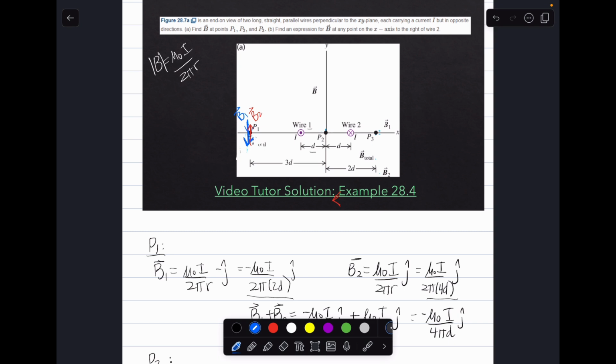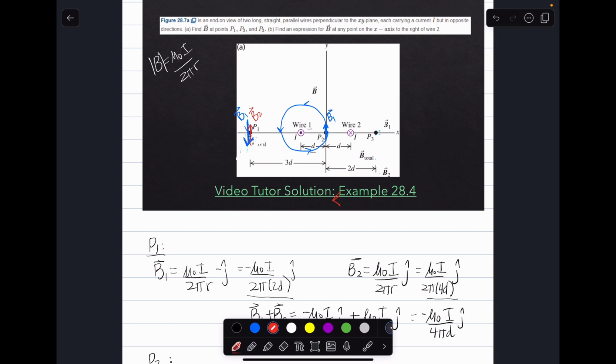Let's draw a circle around wire 1 with radius D. Thumb is out of the page. Fingers of your right hand will be curling in the counterclockwise direction. And you can see that the B field due to wire 1 at P2 is pointing up.